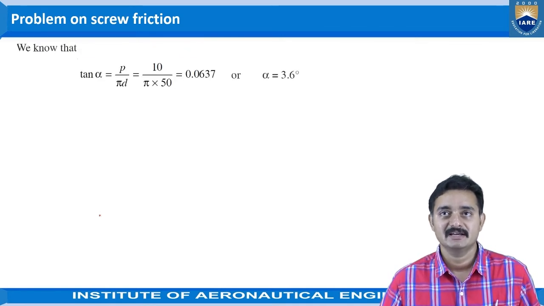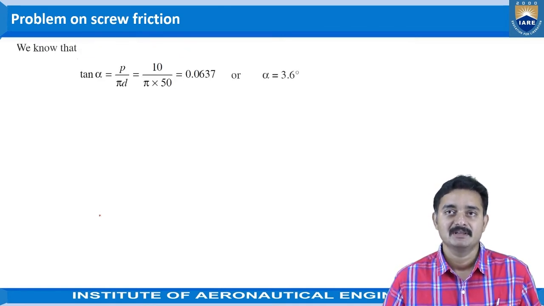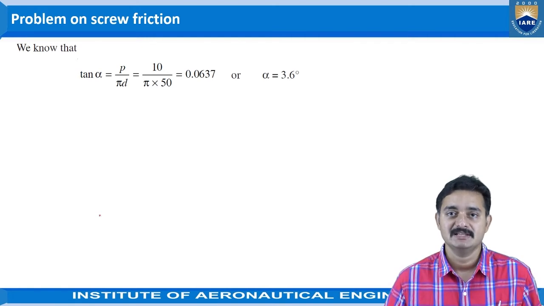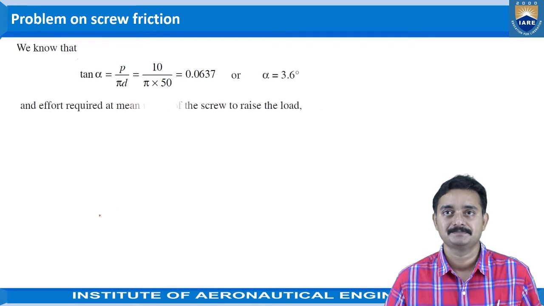So from the given data, we can apply the equation tan alpha is equal to p by pi d, the pitch of the screw over pi times the diameter of the screw jack. Substituting the values, we get 10 by pi into 50, which gives 0.0637, so the value of alpha is equal to 3.6 degrees.